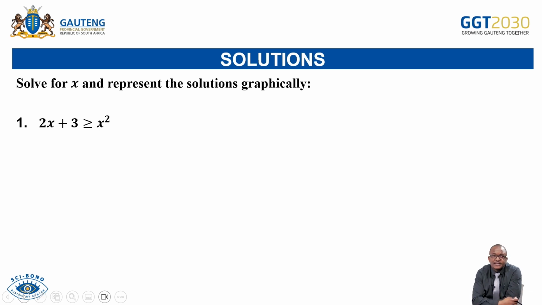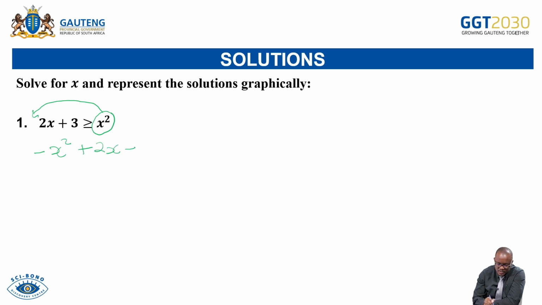It says 2x plus 3 greater or equal to x squared. So what will happen here is that we are going to take your x squared and we transpose it. Then it's going to have negative x squared plus 2x plus 3 greater than or equal to 0.